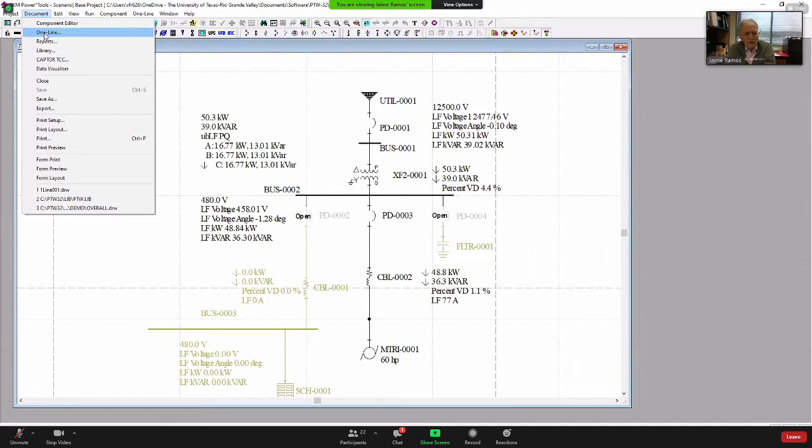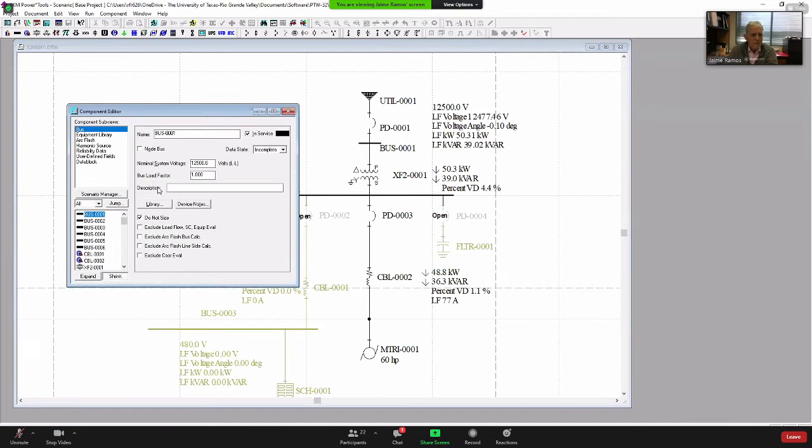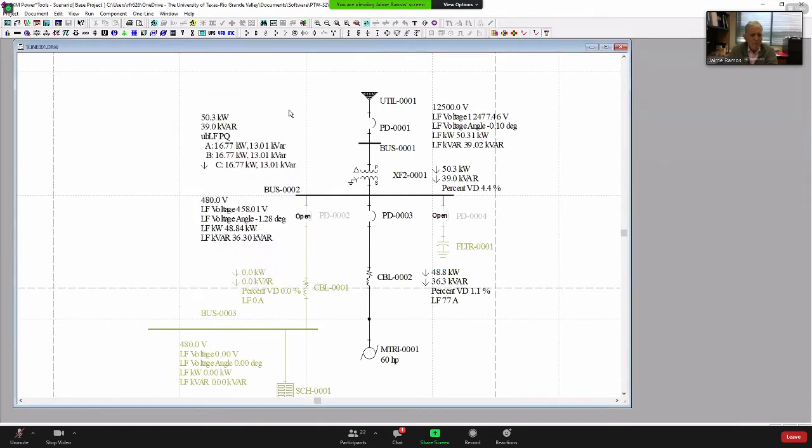Does it work? Yeah, it says 1 line 001, and that's what we open.